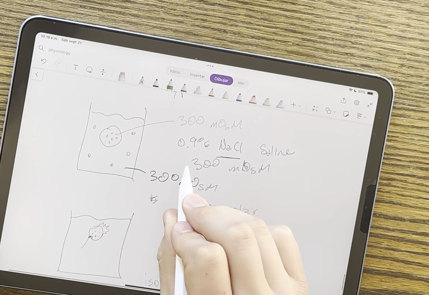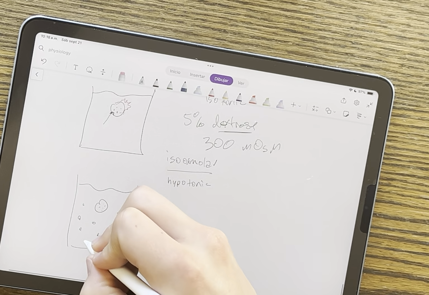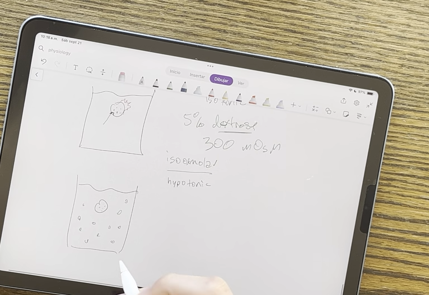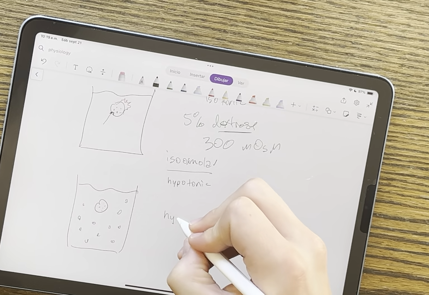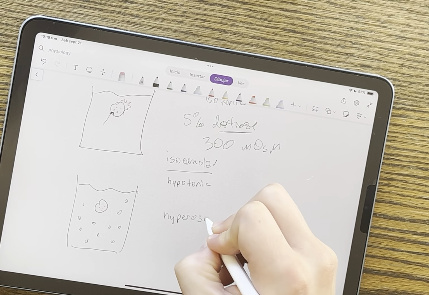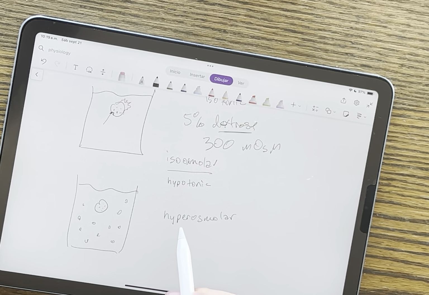We're also gonna have our 0.9% saline. So now we have 10 particles, or 600 milliosmolar outside, and only 300 inside, right? That's going to make this hyperosmolar, right? The outside has more than inside the cell.